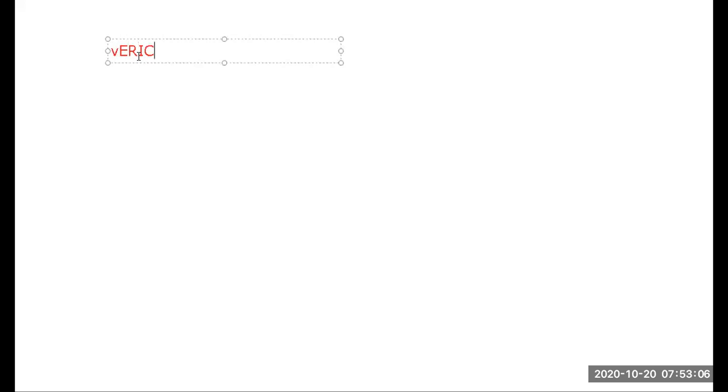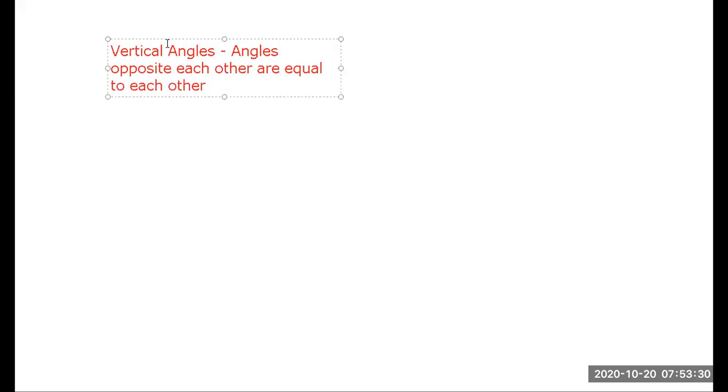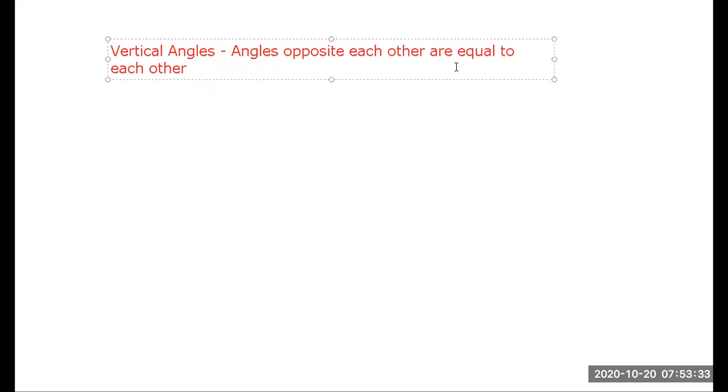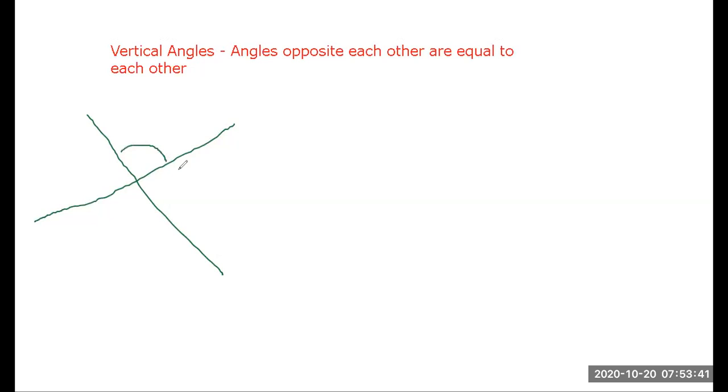Let's first look at vertical angles because we've been looking at it before. So this will be like a little review. It talks about angles opposite each other being equal to each other. For example, this angle right here would be equal to this angle right here.